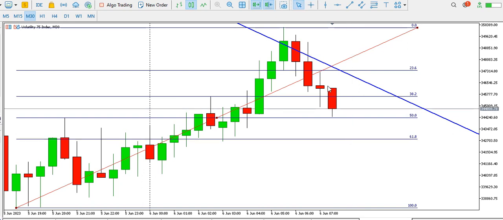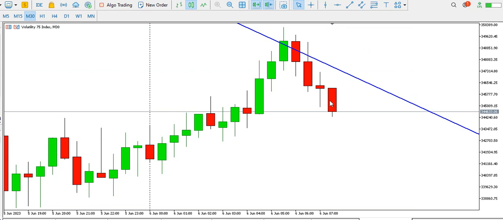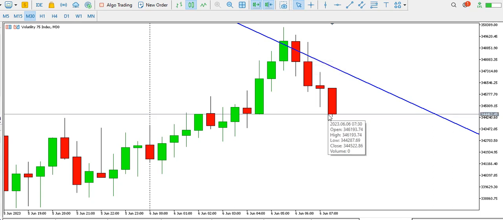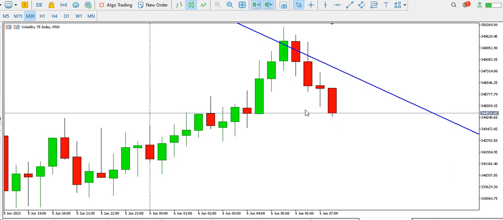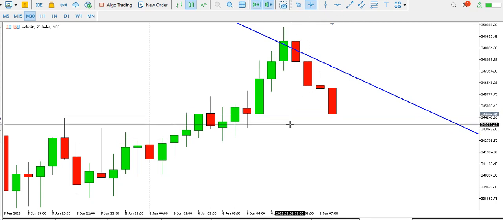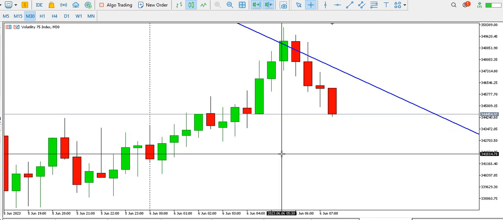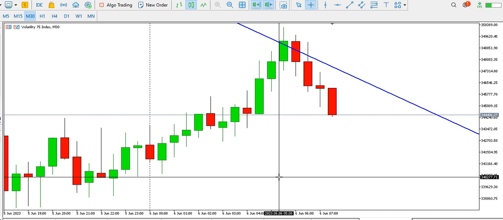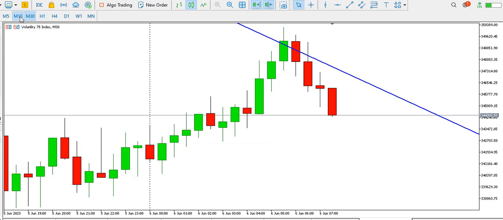This particular candlestick formation shows that the bears are currently in charge, as we have four successive candlesticks formed on the 30-minute time frame. We'll be expecting some level of demand around this point, then around this point, and then around this point. So that's that for the 30-minute time frame.